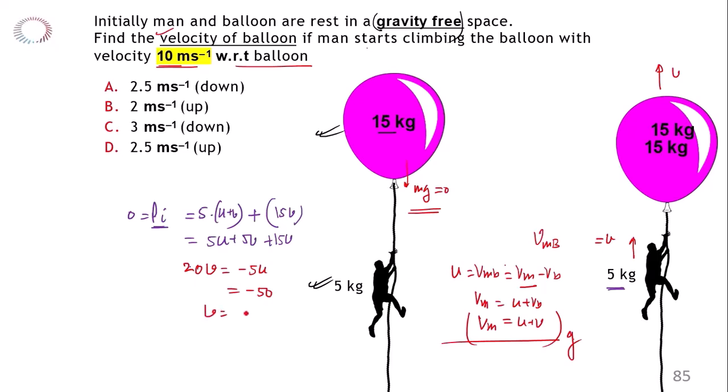So v becomes minus 50 by 20, that is minus 2.5, downward. So 2.5 meter per second down.